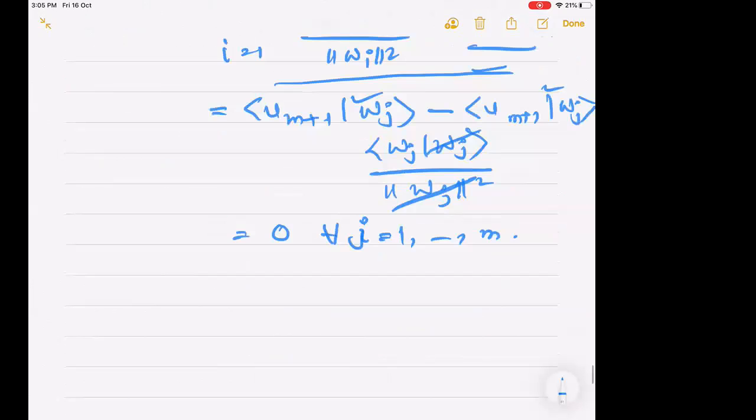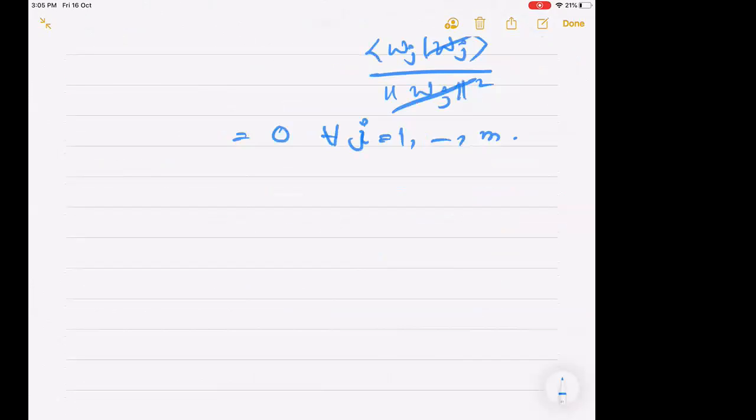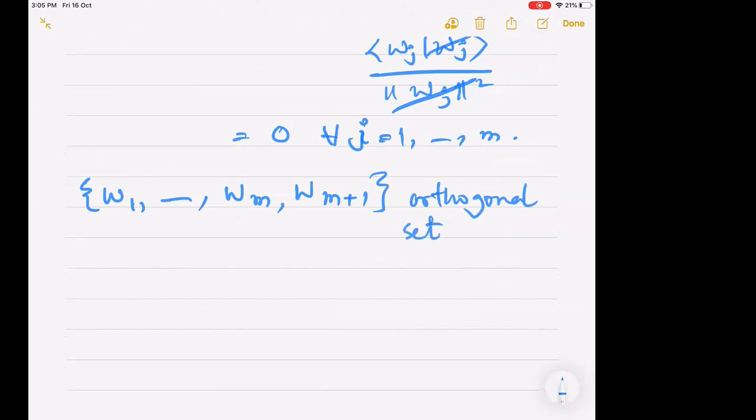So what we have shown is that, the way we have defined Wm plus 1, W1 up to Wm and Wm plus 1 is now an orthogonal set. Why is this an orthogonal set? I have to show every pair is orthogonal to each other. For the vectors W1 to Wm, I have already assumed by the inductive hypothesis that they are orthogonal to each other.